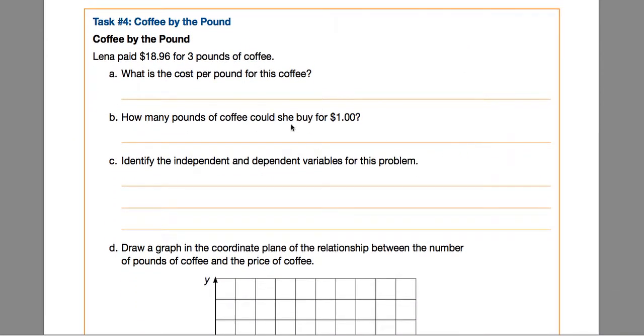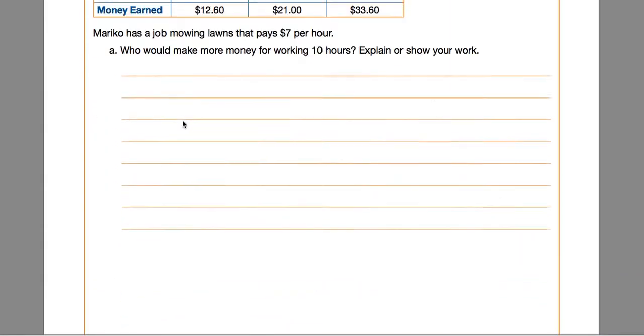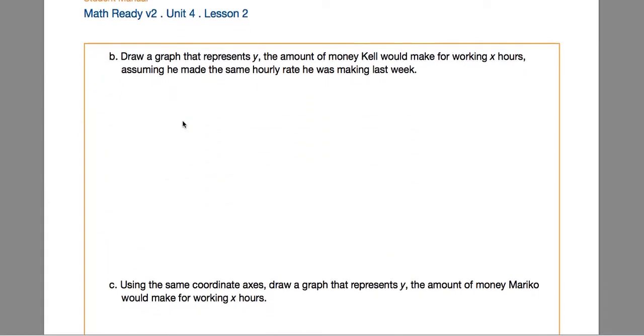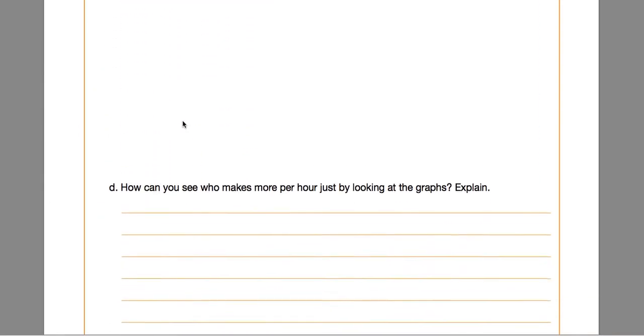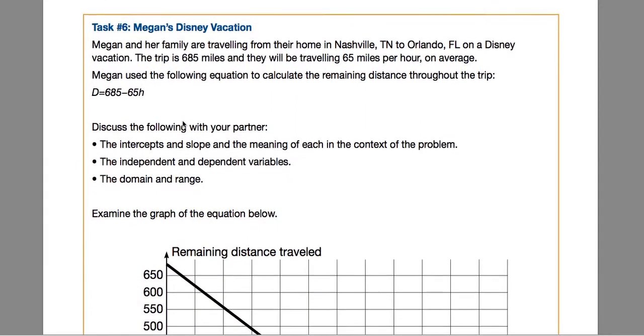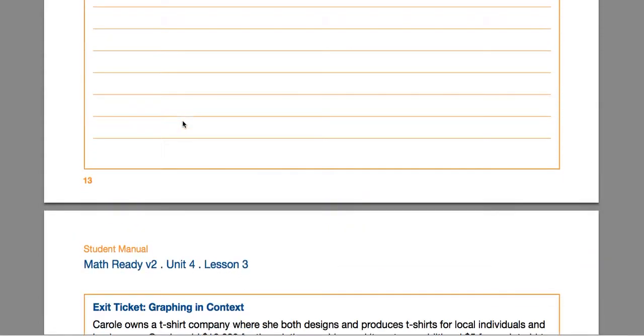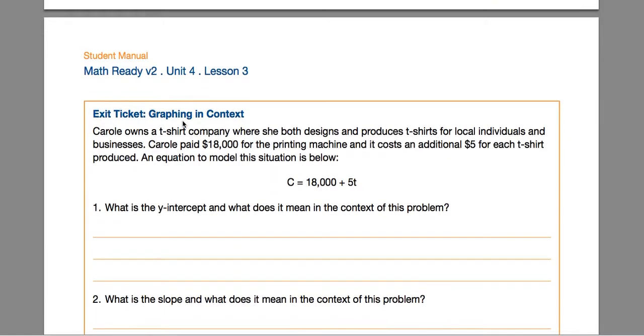Coffee by the pound, I'll show you what kind of word problems you're going to have here, but task 4, it won't be set up exactly like that. Same thing for task number 5. Okay, and this is something that will be sort of what you see, that task.